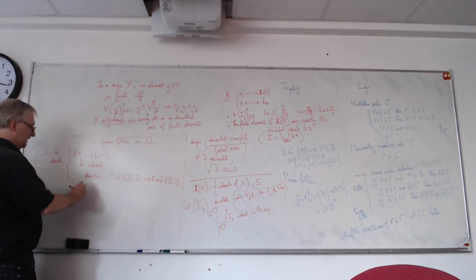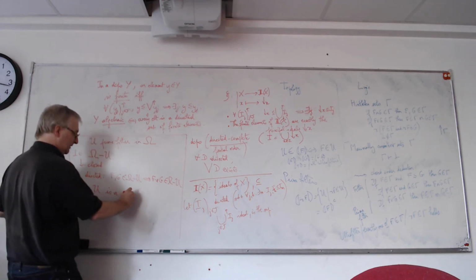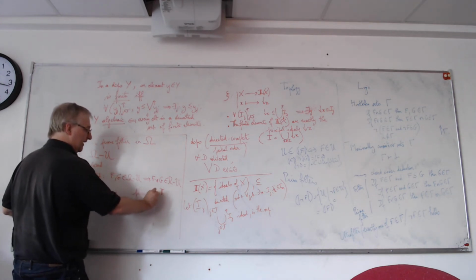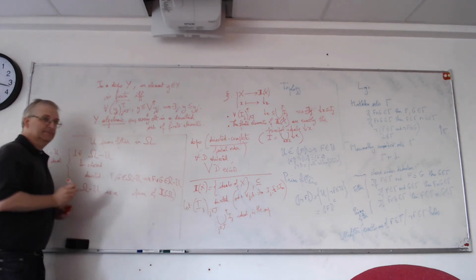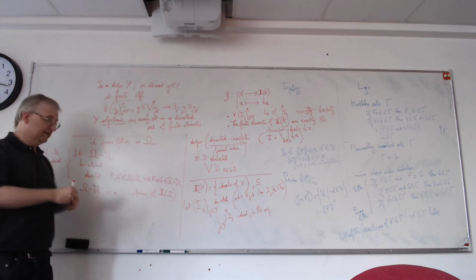So what I claim is that omega minus u is a meet prime, I'll write what meet is later, of the space of ideals of omega. So meet is infimum, it's intersection.